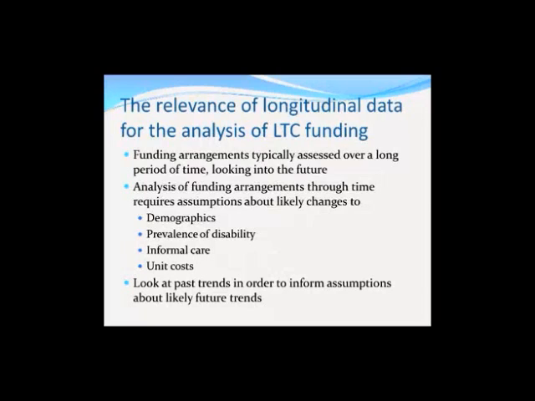We use these models to look at what the demand for long-term care services will be in the future, to try to understand how many services we'll need to purchase, who's going to pay for them, etc. And therefore, in order to go into the future, we need to look back, and we need some sort of evidence about what the trends have been in terms of some key changes, for example, in terms of need, in terms of service provision, in terms of population changes, unit costs, etc. So certainly at that sort of aggregate level, we need longitudinal data in order to inform our assumptions about what is likely to happen in the future and to embody those assumptions into our models.